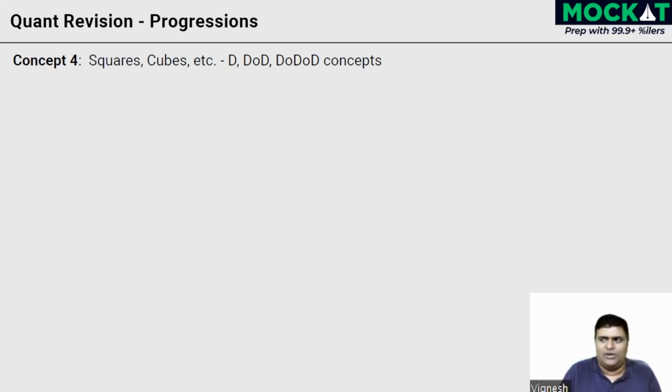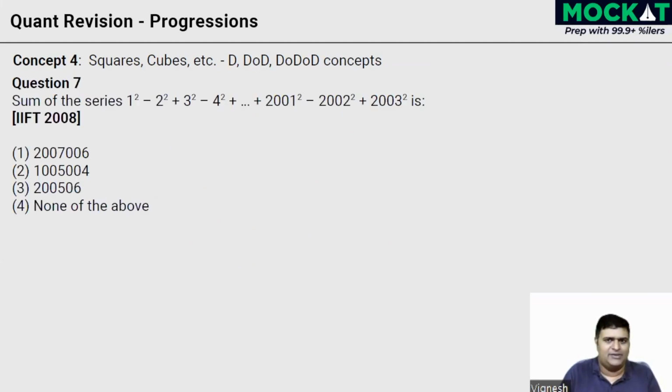Where do we apply this? We look at a simple example over here, right? Something which turned up in IFT 2008. 1 square minus 2 square plus 3 square minus 4 square and so on, and we are going up to 2003 square. Which value is it going to be? By the look of it, we notice that two consecutive terms from the rightmost end look like we're just finding the difference of two adjacent squares. 2003 square minus 2002 square.